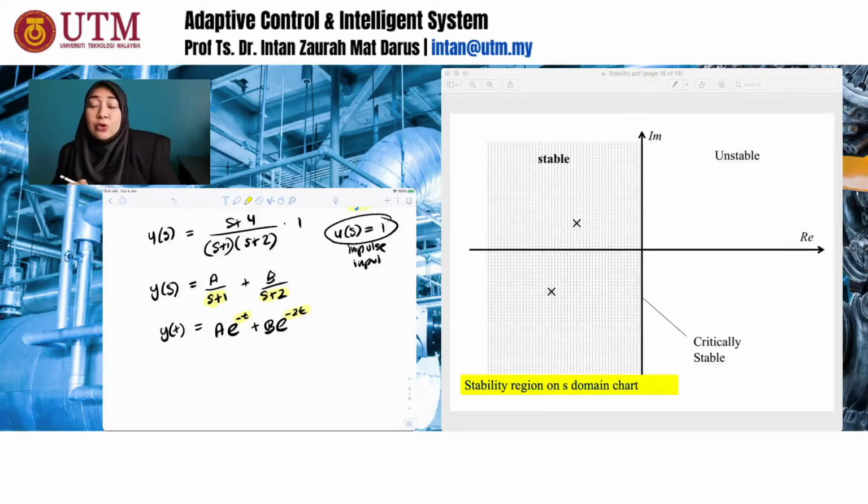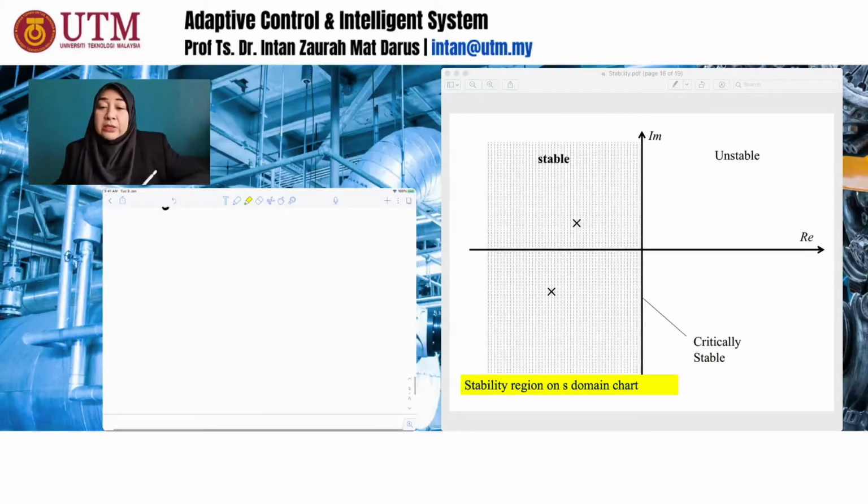Okay, so if you look at zeros and poles, s is coming from the value of s. As I told you, s is actually a complex number. We can write s in terms of j omega, so s equals j omega.